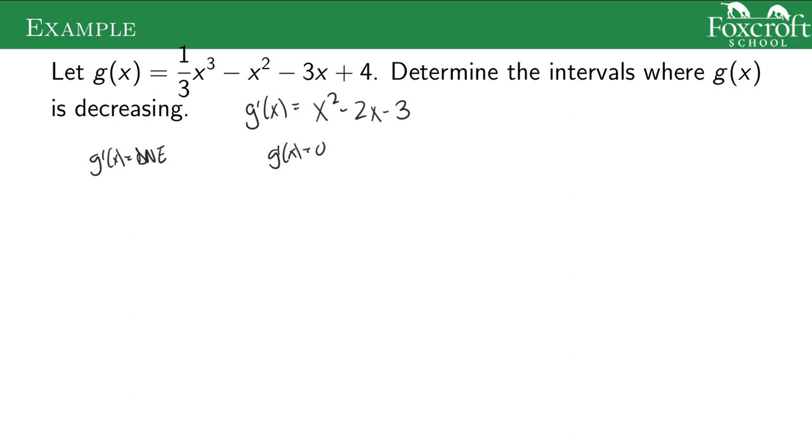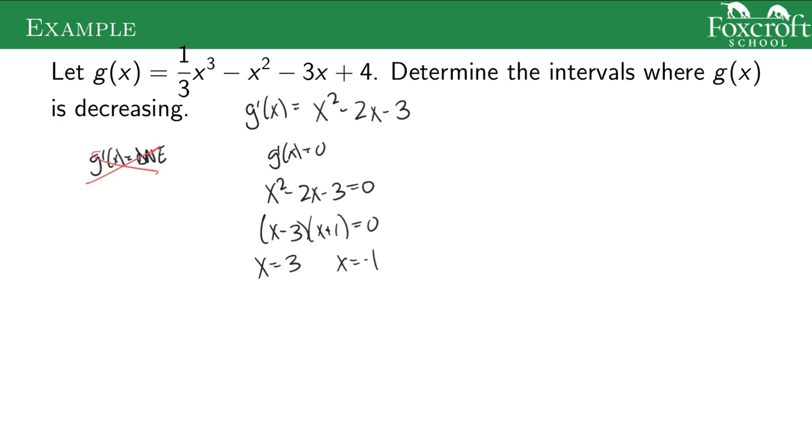Luckily, our derivative is a polynomial, so it's never going to not exist, so we don't have to worry about that. We just figure out when it's equal to 0. Now we can factor this one, and we get 2 answers. Again, these are the critical points. These are the only places my derivative can switch from positive to negative.